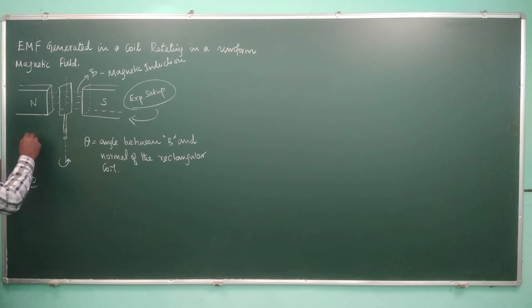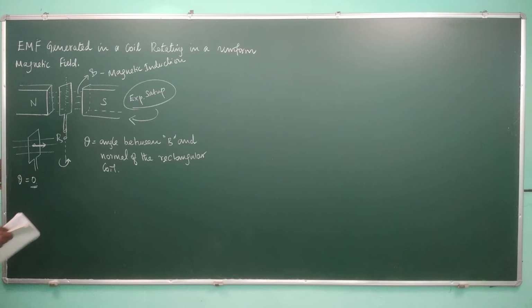This is the conducting wire, and this is the direction of the magnetic induction B. The normal of the rectangular coil lies in the same direction, so the angle theta between the magnetic field line and the normal of the coil becomes 0. So theta is 0 at time t equals 0, in the initial moment.